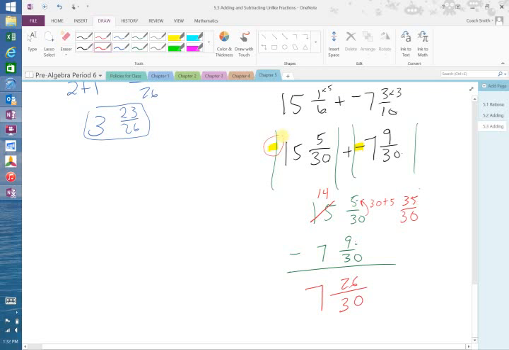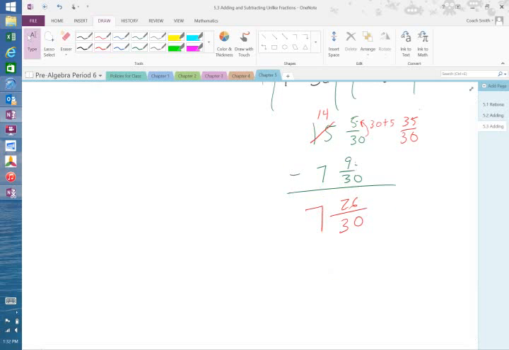The larger absolute value is a positive, so it stays positive. But I have to take 7 and 26 over 30 and reduce it by 2 over 2. 2 goes into 26 13 times. 2 goes into 30 15 times. 7 and 13 15ths.